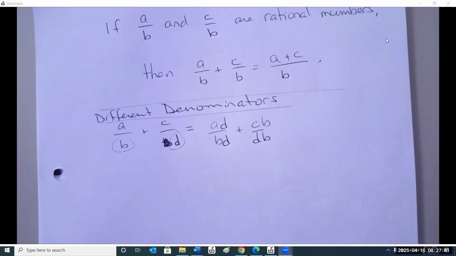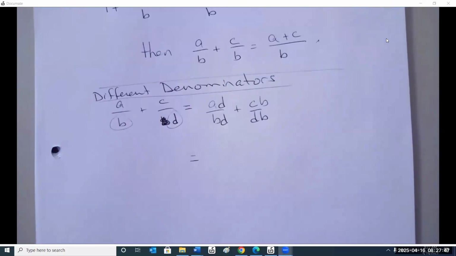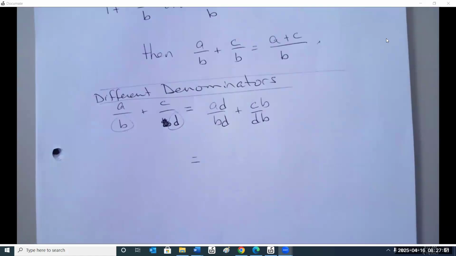Which property tells me what I can do with them? Because remember, you're talking to the kids. When you say they have to be the same denominator, BD is not the same thing as DB to them. You have to convince them. What's the property? That's the reason it's so important to start off with properties.